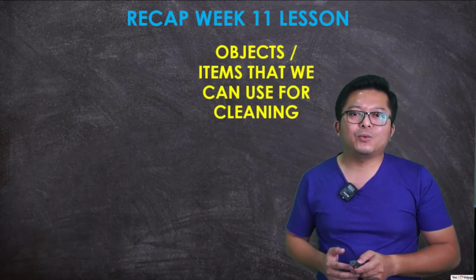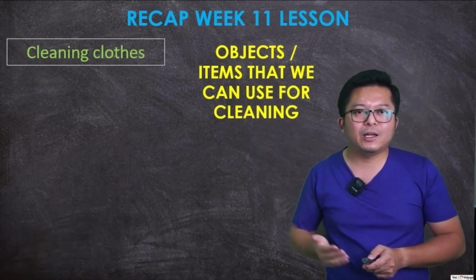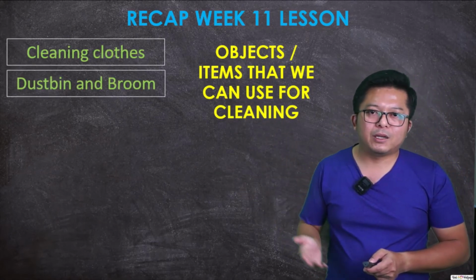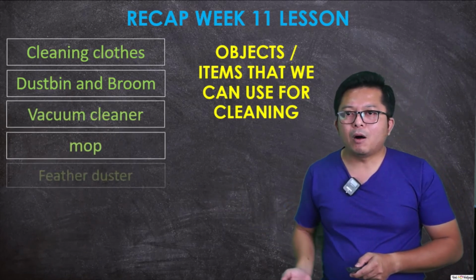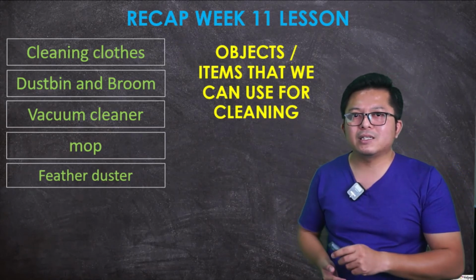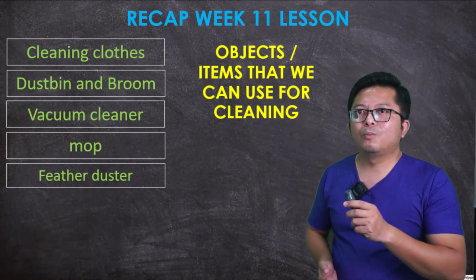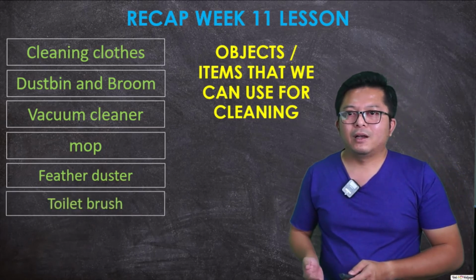Objects or items that we can use for cleaning. We use cleaning clothes, dustbin and broom, vacuum cleaner, mop, feather duster. Yeah, you can. Feather duster is to dust, to brush dust. I forgot about it.